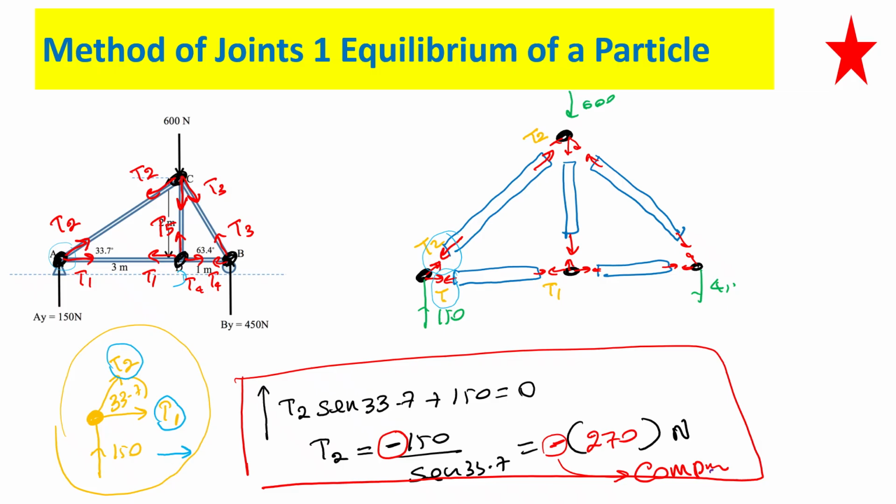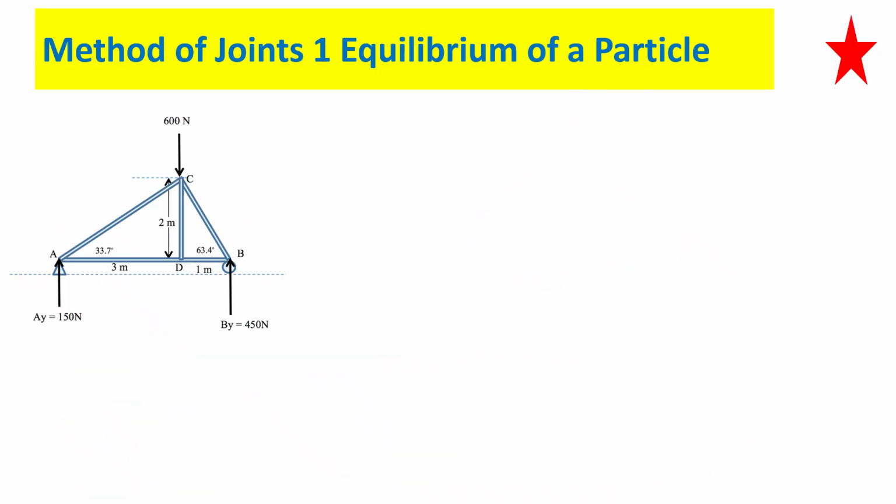T1 is going to be, we want to find T1. Okay, so we are considering the joint A, and we already found T2, and we need to find T1. So this is the equilibrium of joint A. So T2 we found negative 270, right? Okay.